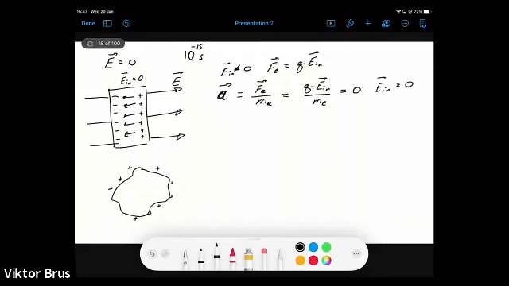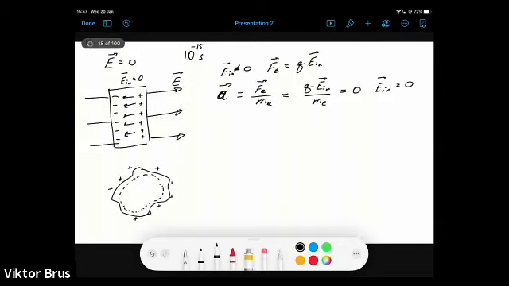In order to prove this, let us choose some Gaussian surface just a little bit smaller than the conductor. So it's located inside it.